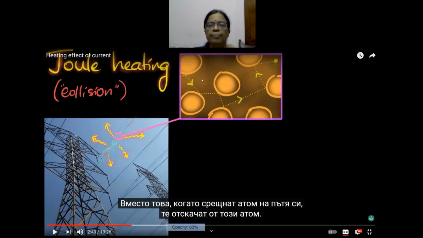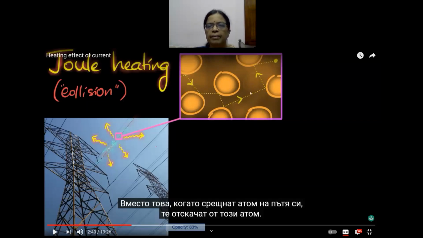See, when electrons flow, we know they collide with the positive ions of the conductor. Ions are not moving and they collide. Due to the collision, the electron is transferring its energy to the ions.